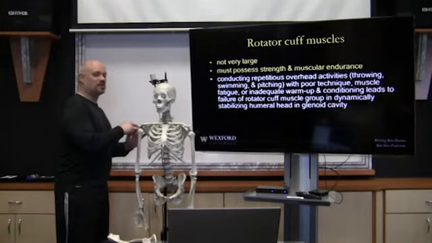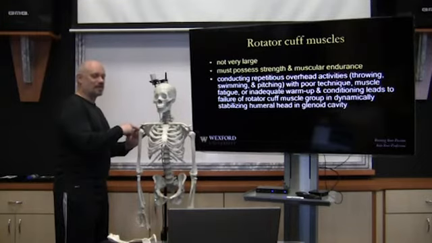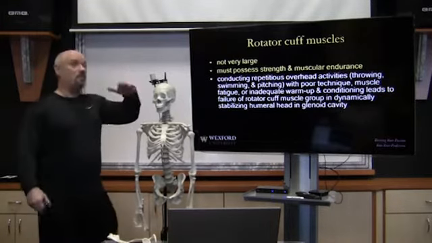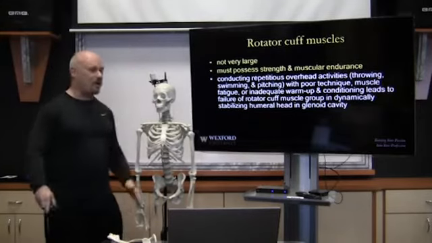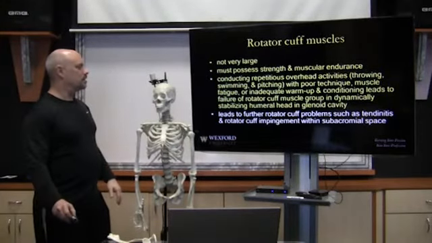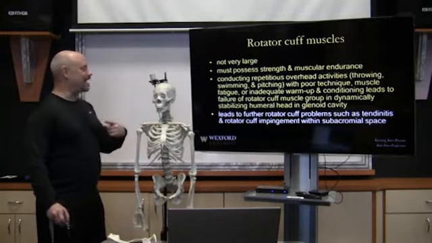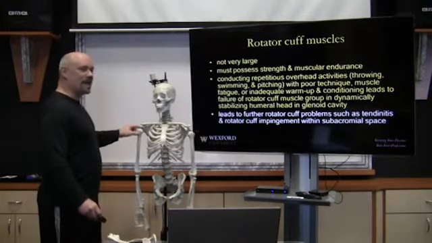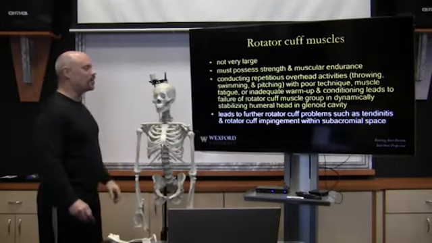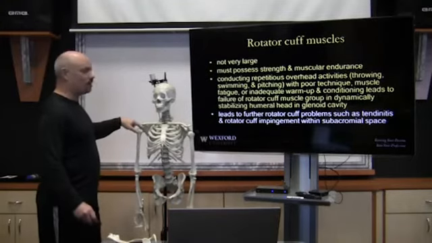And that's what causes a substantial amount of injuries in these smaller stabilizing, internally and externally rotating muscles, depending on what plane of motion you're in and the orientation of the arm. It leads to further rotator cuff problems, such as tendinitis and rotator cuff impingement, which means squeezed together within the subacromial space.